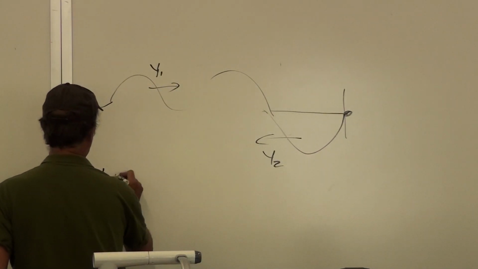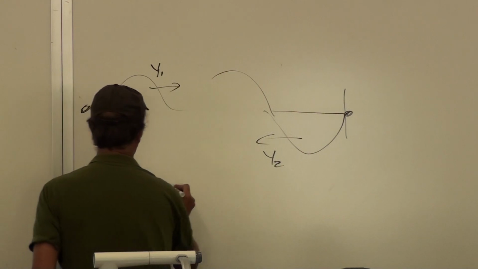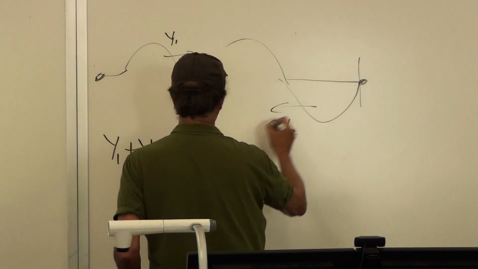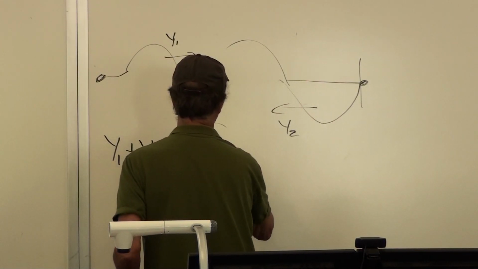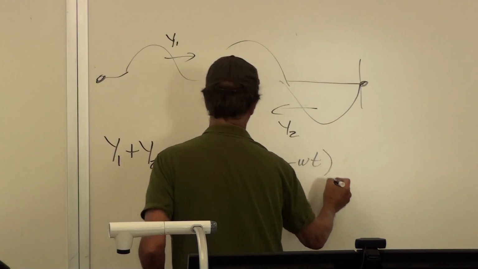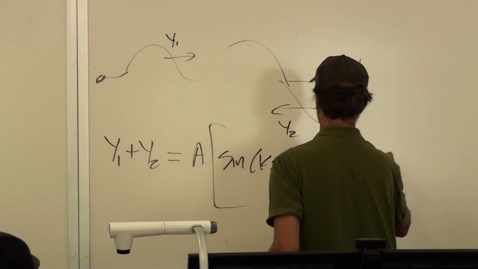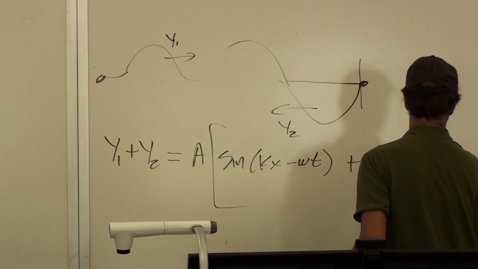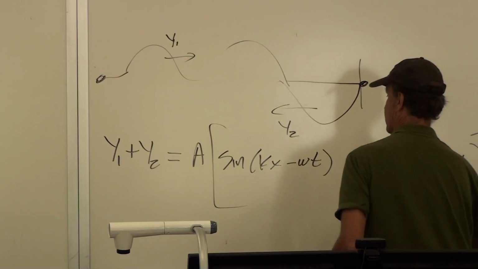So you can write y1 plus y2 is equal to A, and let's assume the amplitude stays the same on reflection, sine of kx minus omega t plus the sine of kx plus omega t, like that.